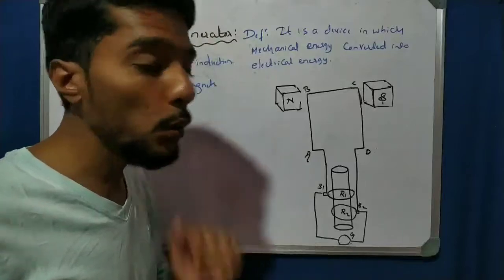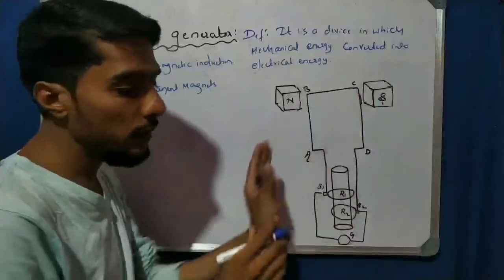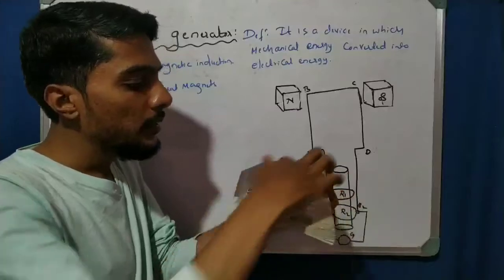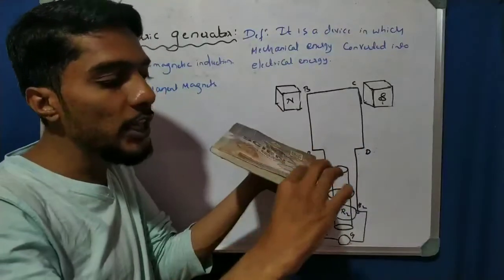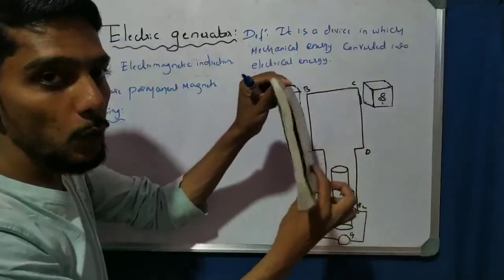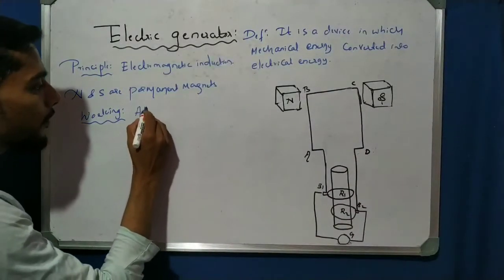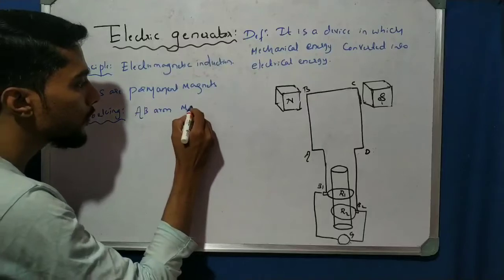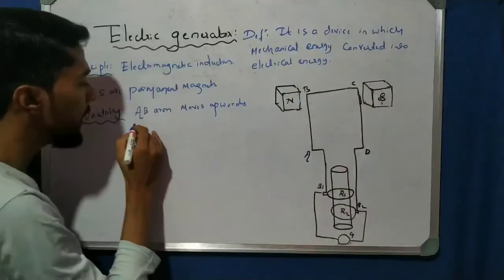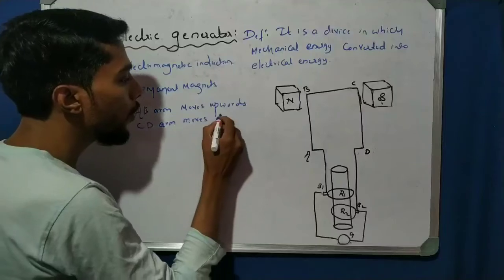See here, I can make a rotation. If AB moves upward, then CD automatically moves downward. This is AB, and this is CD. So if the AB side moves upwards, automatically the CD side moves downwards.